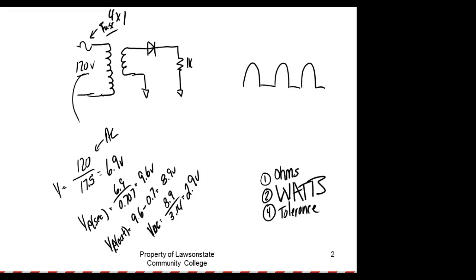If you don't know that, you're in trouble, because you couldn't even buy one. You go up and say, I want a 100 ohm resistor. The first thing I'm going to ask is what watts you want. This is important. If you don't understand this, you can't even buy a resistor.